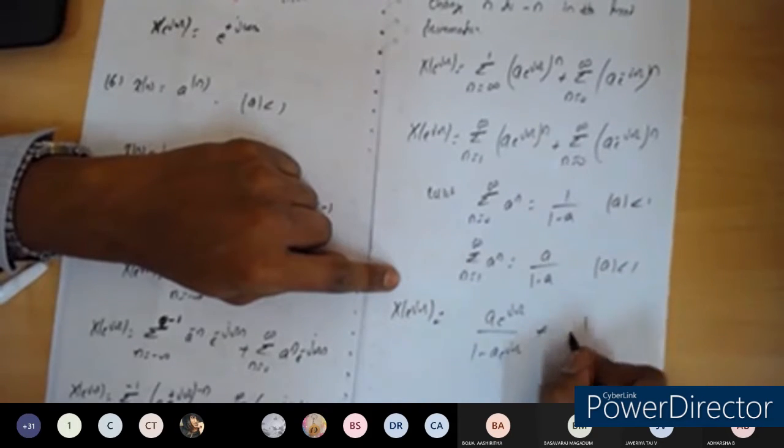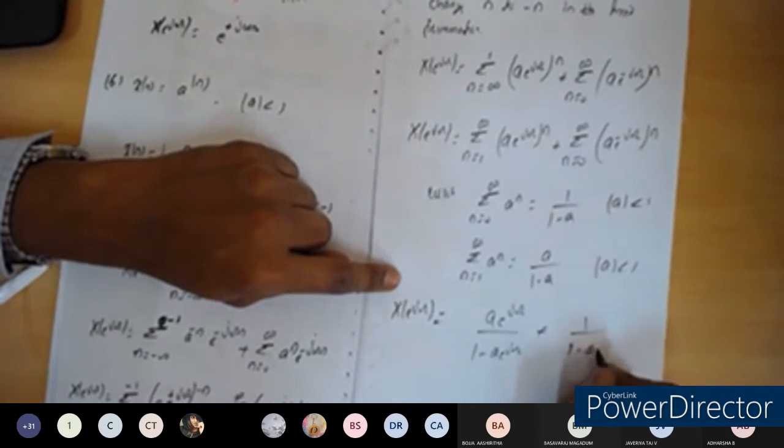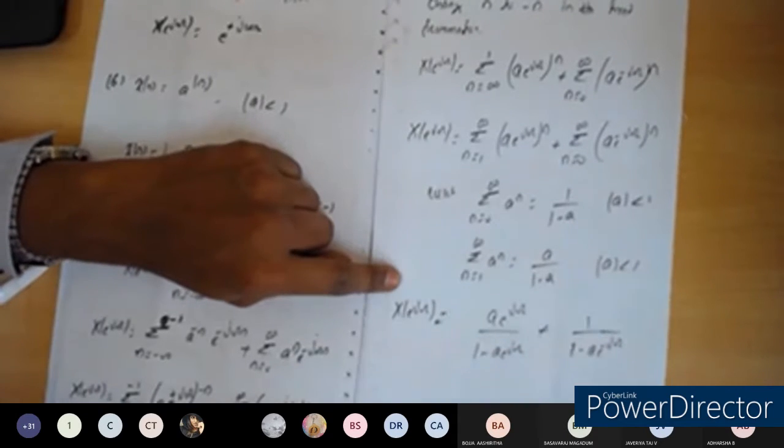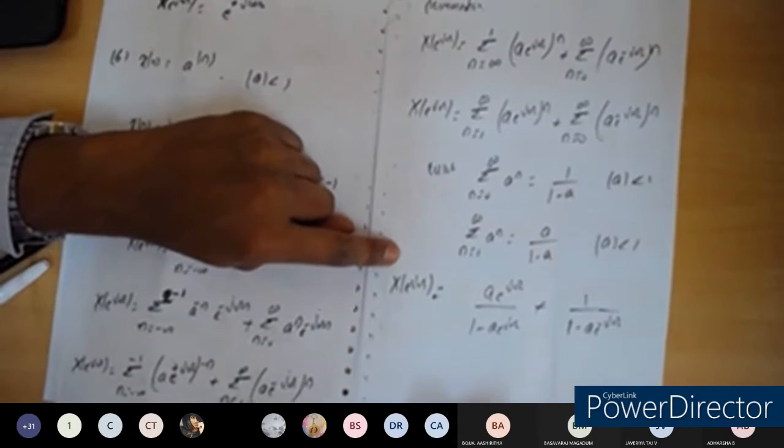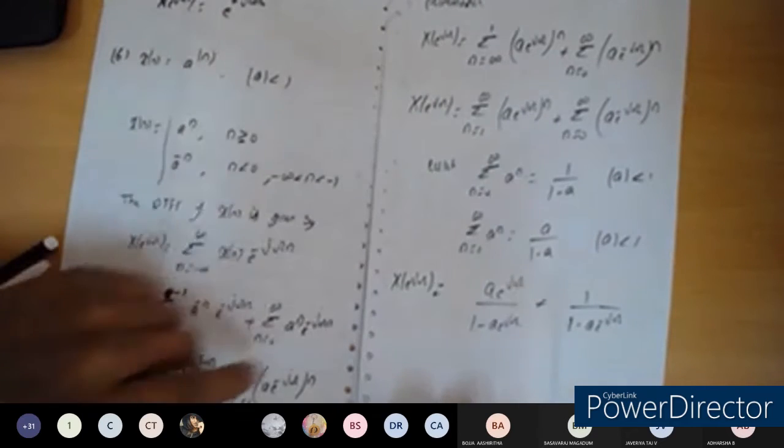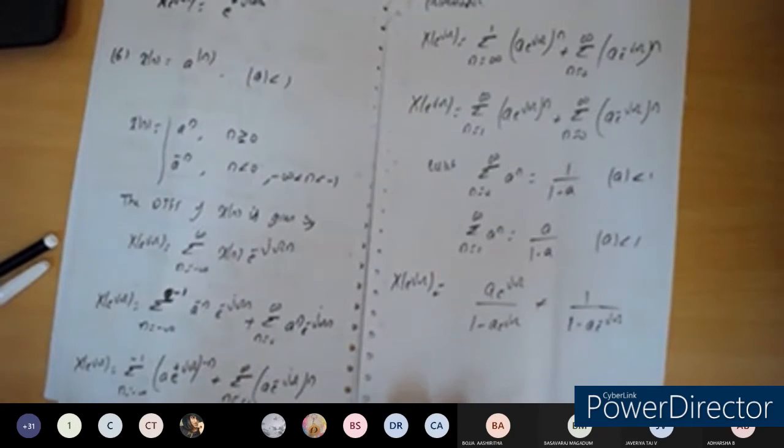For the second formula, we have 1 divided by 1 minus a e to the power of minus j omega.